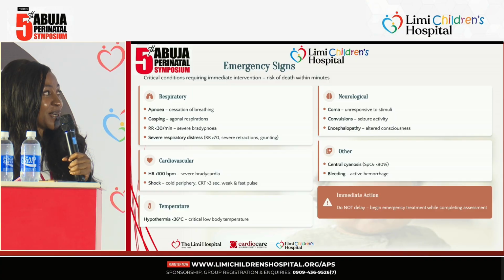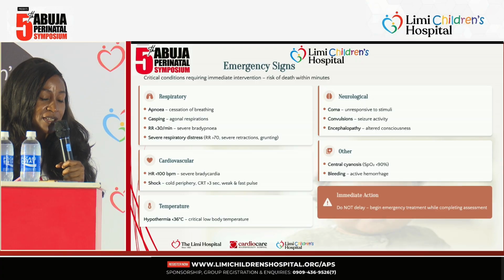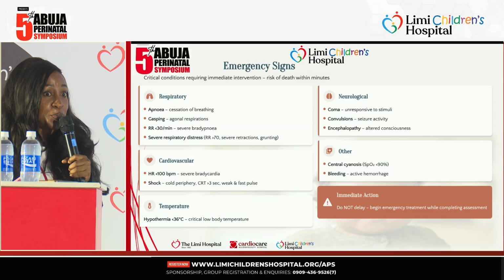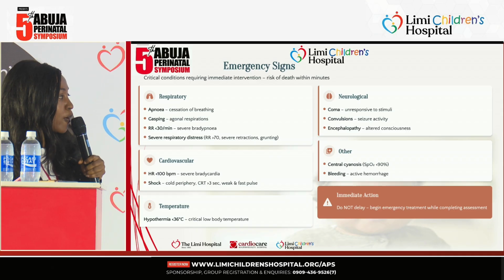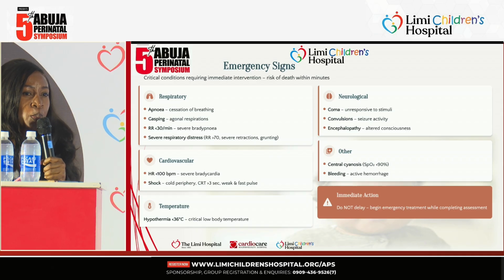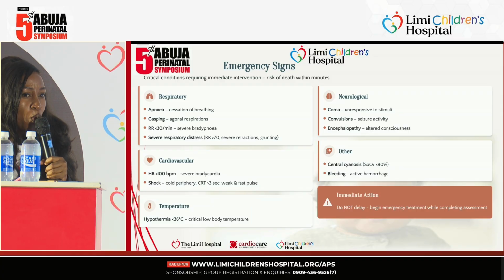So what are the emergency signs? If you see a child grunting, a child breathing so fast, more than normal, a child convulsing, a child with a low pulse rate or low heart rate, a child that has cold extremities, it's a no-no. You don't let babies get cold.